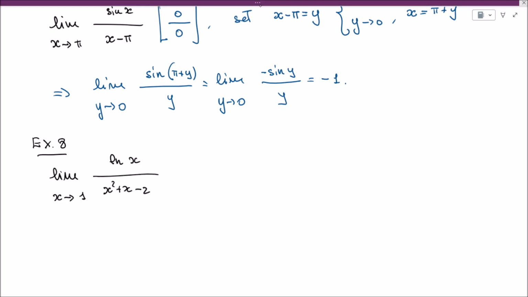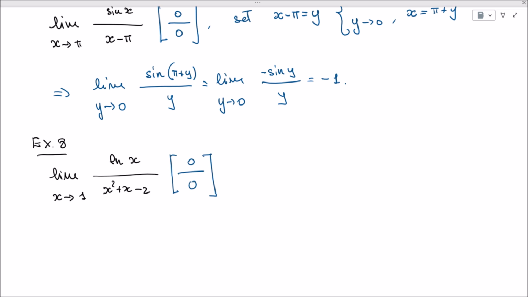Okay, and this limit is again 0 over 0. So we cannot just replace it. This is a continuous function, but we cannot replace x equal 1.